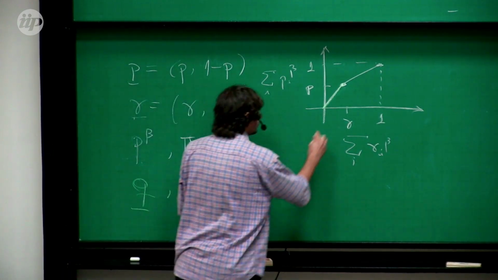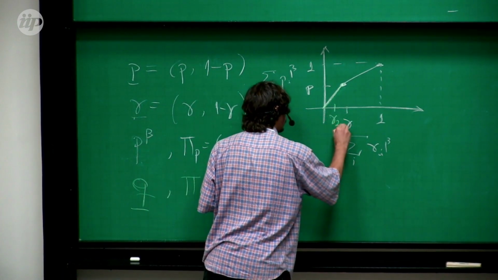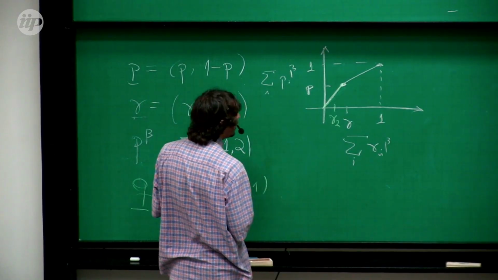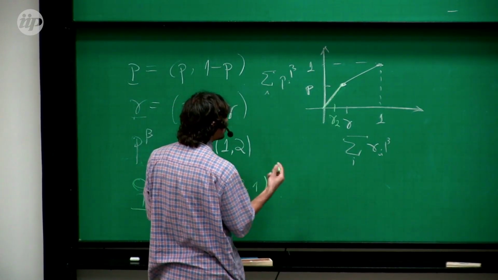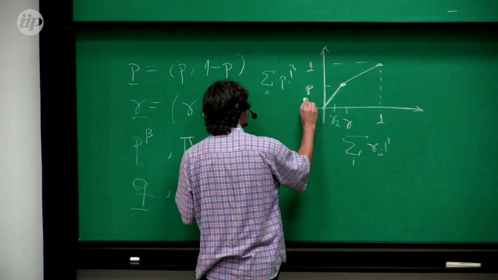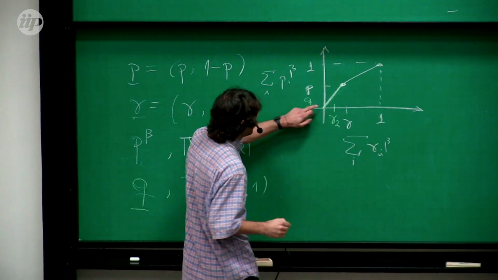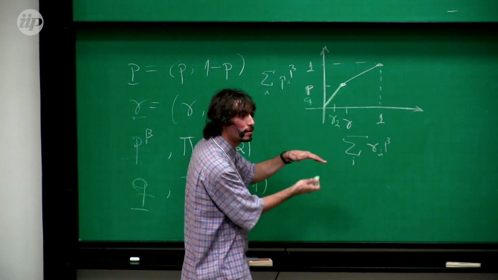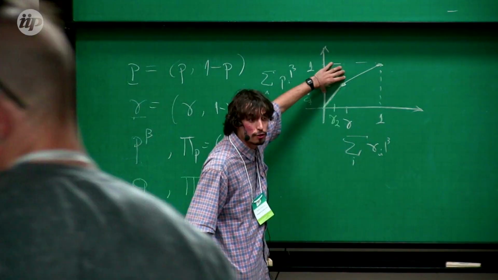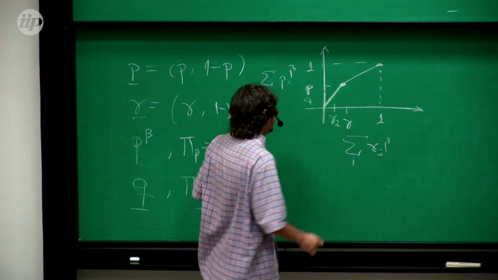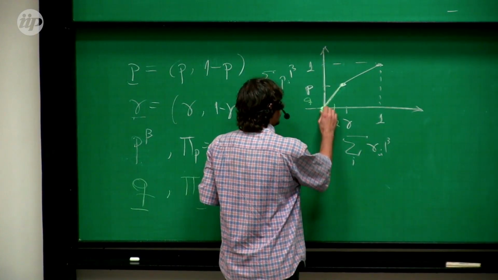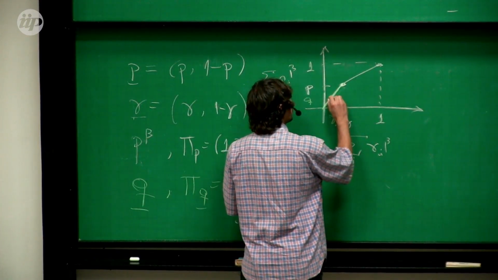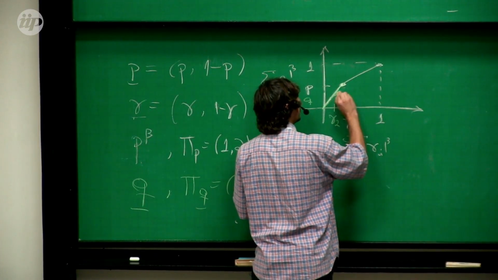Why? Because now we will have some gamma 2 here, and now I can ask what is the maximum value of, let's say, Q, such that its thermal majorization curve will fit below the thermal majorization curve associated to P. Well, if we do the calculations, it has to be something like this.